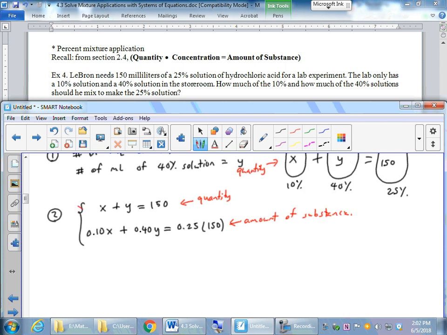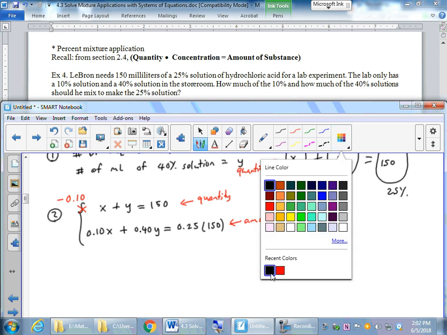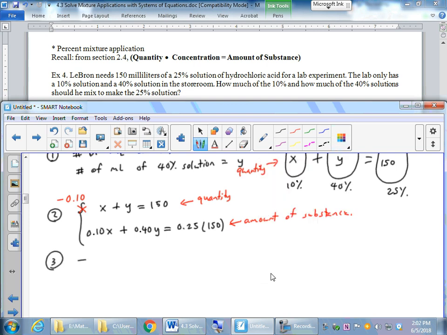If I want to do the elimination, I'm going to multiply the first equation by 0.10. That will give me negative 0.10x minus 0.10y is equal to negative, when you multiply 150 times 0.10, that gives you 15.